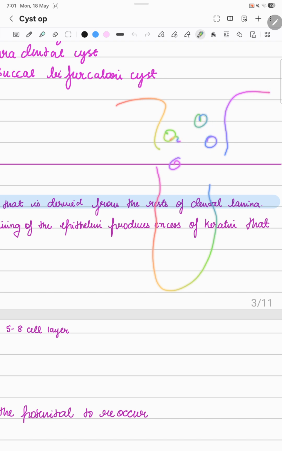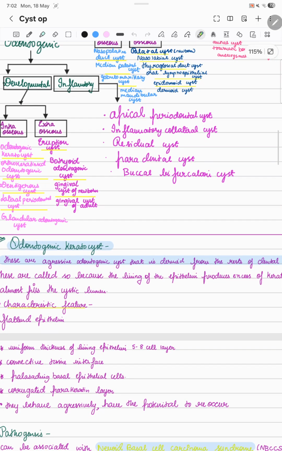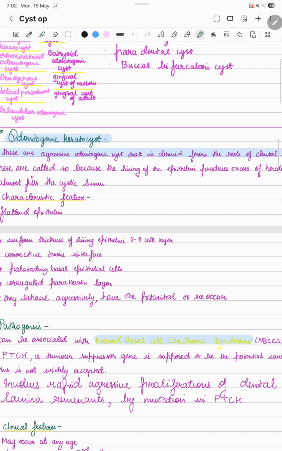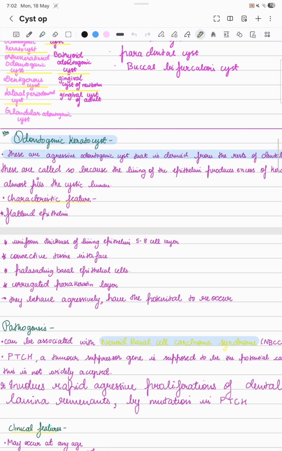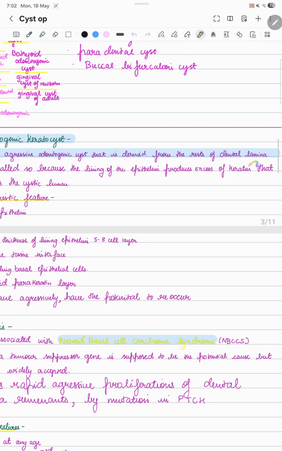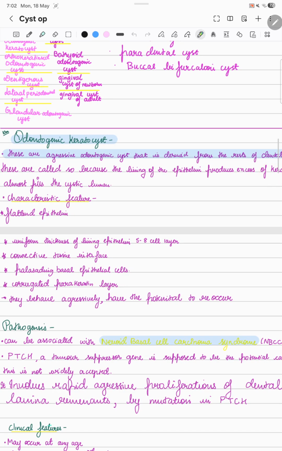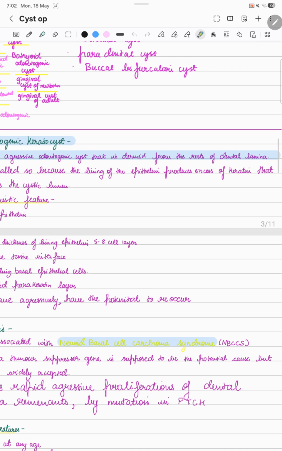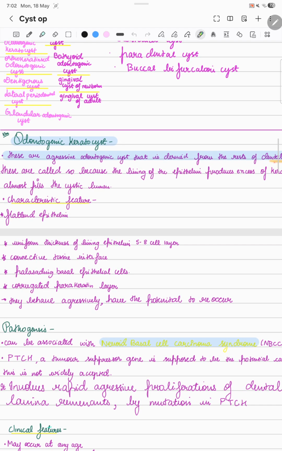These remnants are your cell rests. It is called so because of the lining epithelium that produces excess keratin. So that's about your dental lamina and how the cyst is formed.